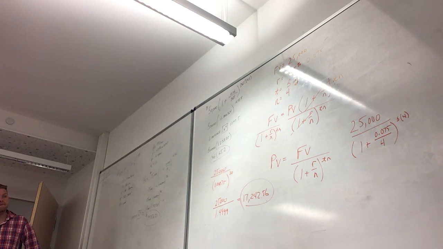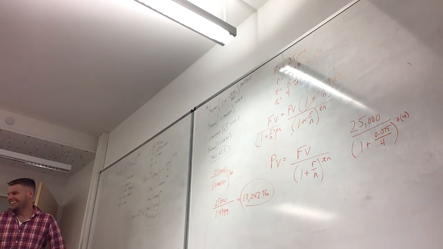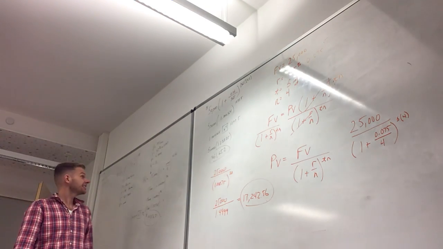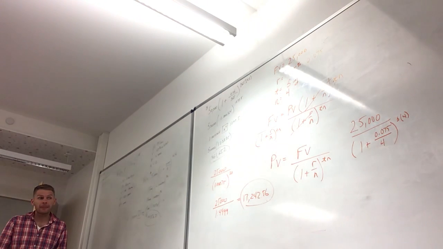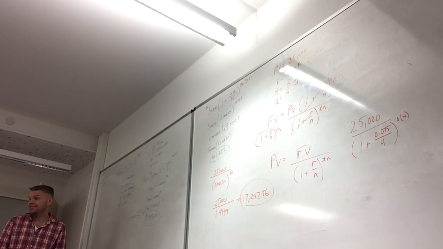Yep, that's what she needs today. So she has 17 grand, and it's going to take her 5 years to get to 25? Yeah, at that interest rate compounded quarterly.